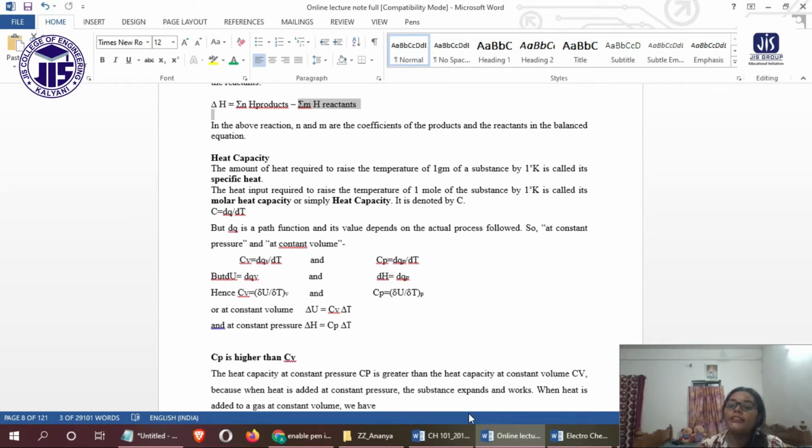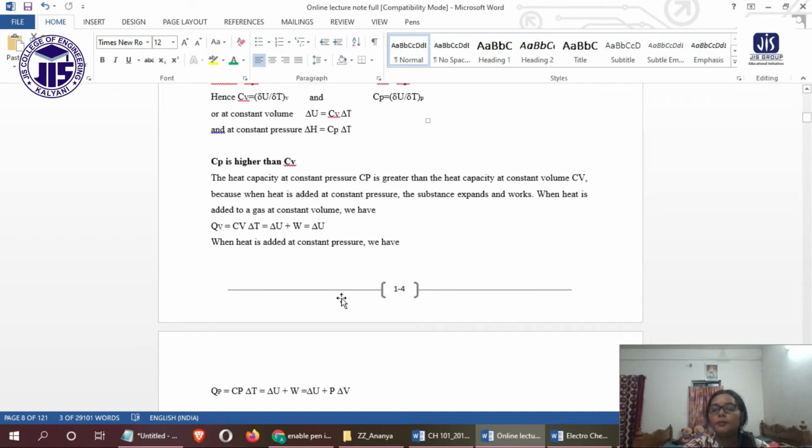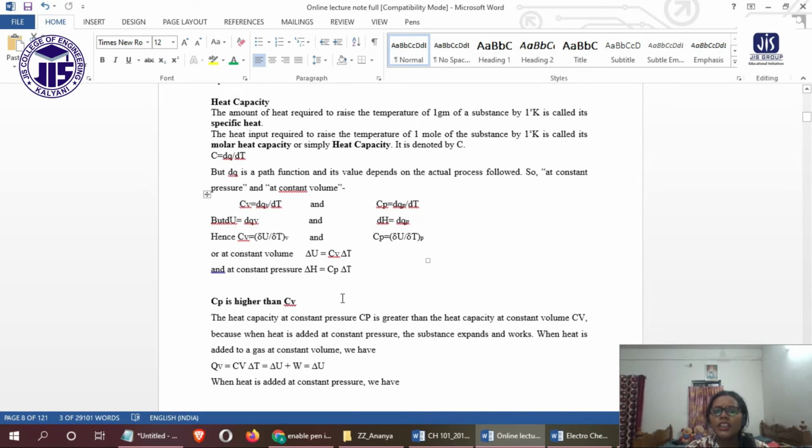And when 1 mole of the substance is taken, whatever heat we require to raise its temperature is called the molar heat capacity. Generally, when the specific heat capacity is related to 1 mole of the substance, it is called the molar heat capacity.